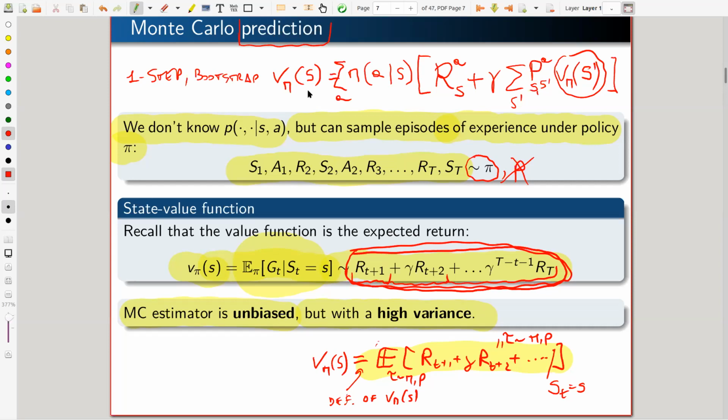Okay, so bootstrapping methods are biased, different from Monte Carlo methods. In Monte Carlo methods, we have no bootstrap. Why? Well, because here I'm not assuming an estimate of any intermediate state.